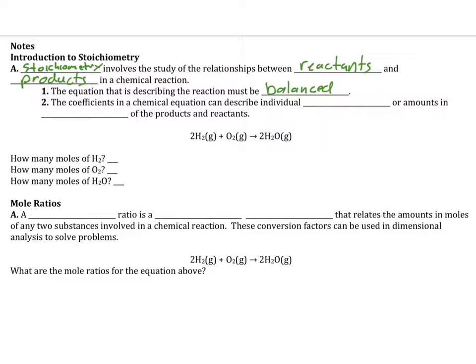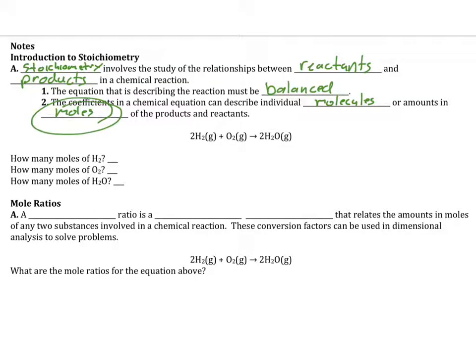And after you balance the chemical reaction, the coefficients in a chemical reaction can describe individual molecules, or it can describe amounts in moles of the product and reactant. And so this is really what we're going to focus on.